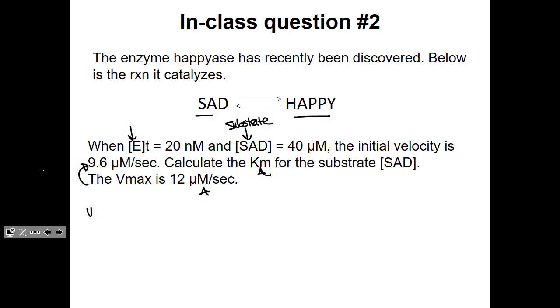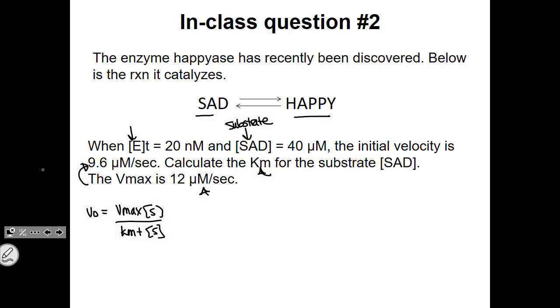So the equation that you use would be the Michaelis-Menten equation. V naught is equal to Vmax times your substrate concentration over your Km plus your substrate concentration. And again, we're trying to calculate the Km in this equation.